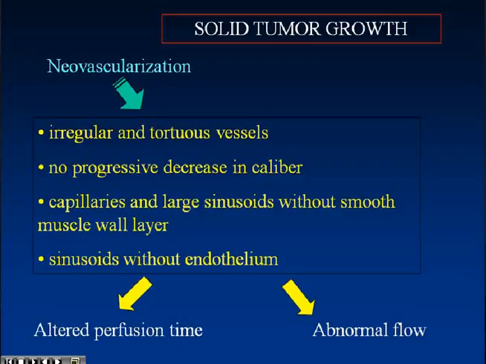It's a matter of the morphology of these vessels, which are different from normal arterial vessels. They are irregular and tortuous. There is no progressive decrease in caliber, and they lose the smooth muscle wall layer and the endothelium in the liver, which leads to an alteration of perfusion times and to abnormal flow.